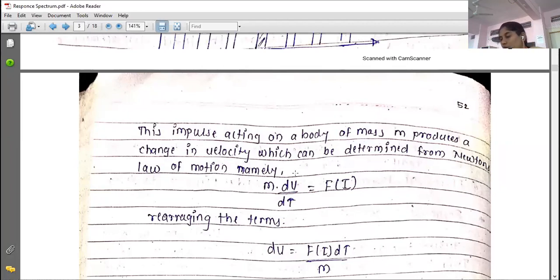F(τ) is equal to m into a. And so below this we can write m into dv by dt is equal to F(τ).